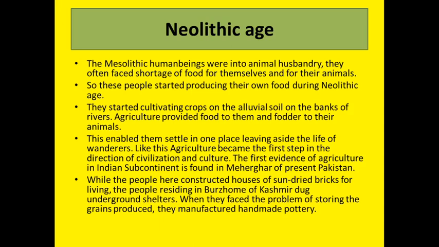The first evidence of agriculture in the Indian subcontinent is found in Mehergarh of present Pakistan. While the people here constructed houses of sun-dried bricks for living, the people residing in Burzahom of Kashmir dug underground shelters when they faced the problem of storing the grains produced.